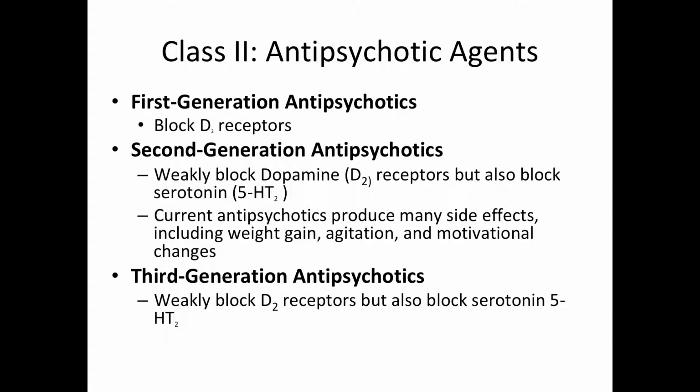So remember that the second generation antipsychotic drugs weakly block D2 and they also block serotonin receptors. However, these antipsychotics had a lot of side effects, and one of the big ones was weight gain and motivational changes. So they're developing new drugs, and the drugs that are now being developed are the third generation antipsychotics.